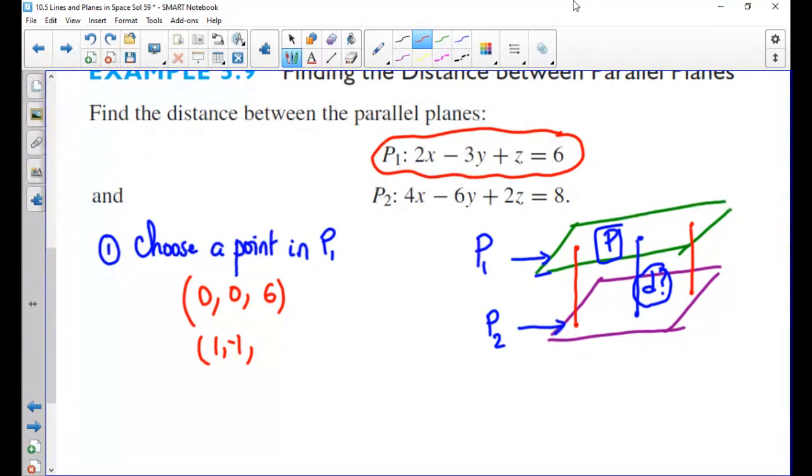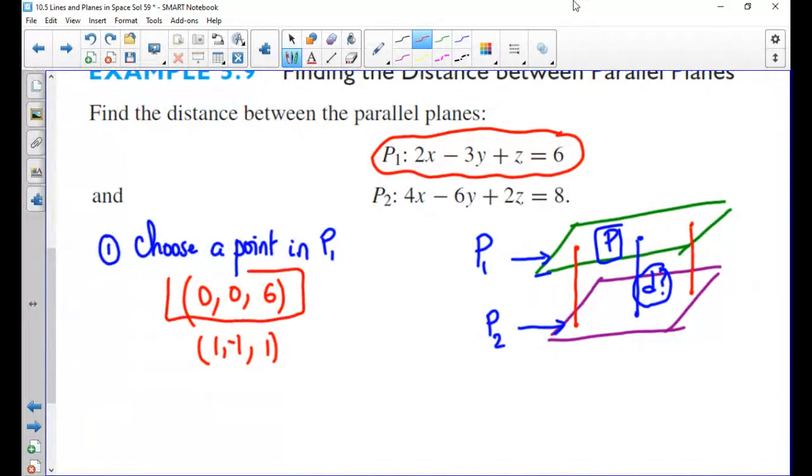Because you substitute: 2 plus 3 plus z equal to 6, so z is 1. That's another point. You can find millions and millions of points just by choosing x and y. I could even choose x and z and find y. That's also fine. It just depends on how the equation is.